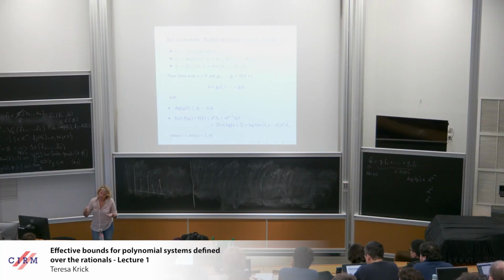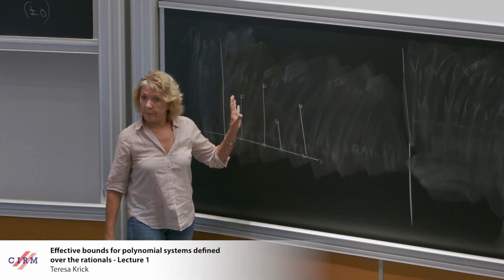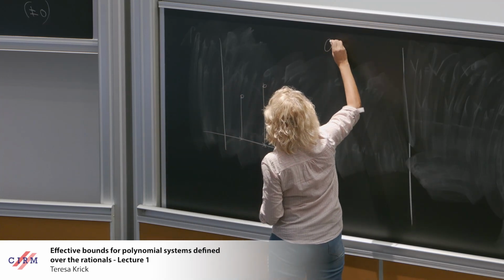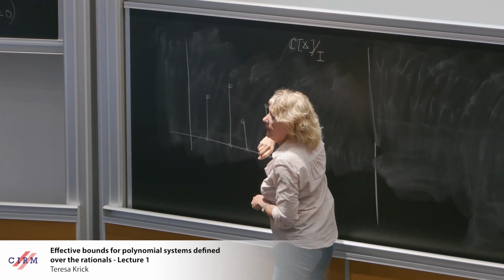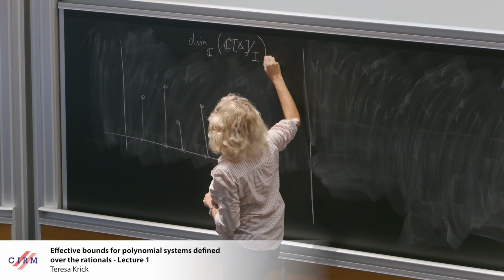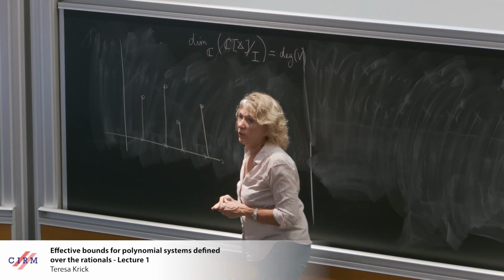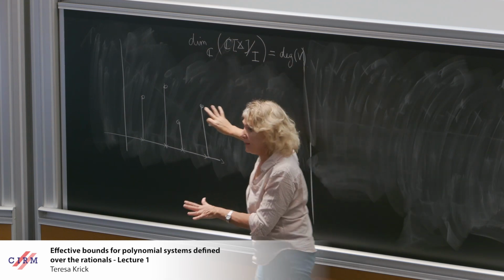And imagine, in addition, that my ideal is radical, which means that it doesn't have multiple roots. When the ideal is radical, I am still in C now, what is good is that the dimension of this quotient ring is exactly the number of points of the variety. So these two notions coincide when the ideal is radical. So imagine we are in this situation.